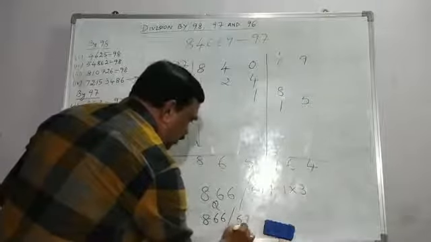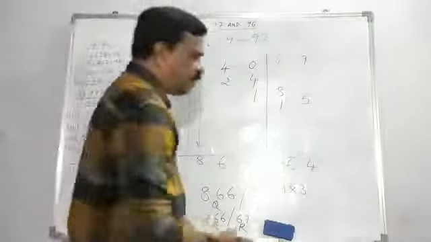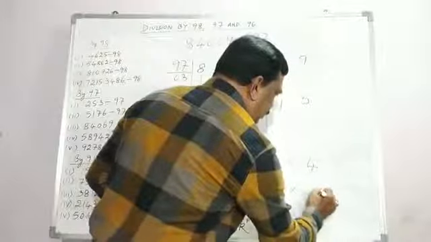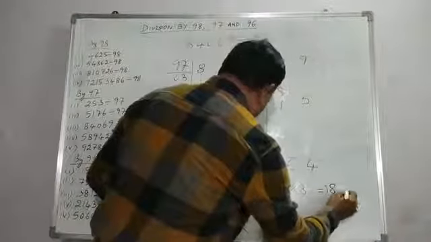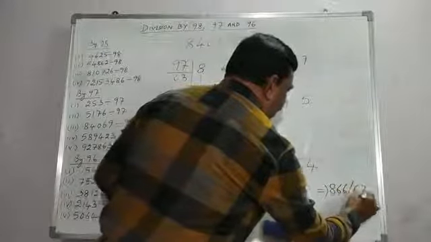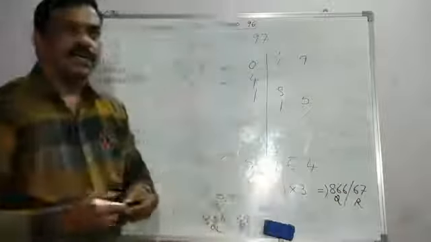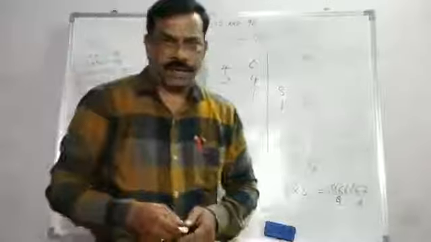So our remainder is 67. Our quotient is 866 and remainder is 67. This is quotient and that is remainder. It is so simple.